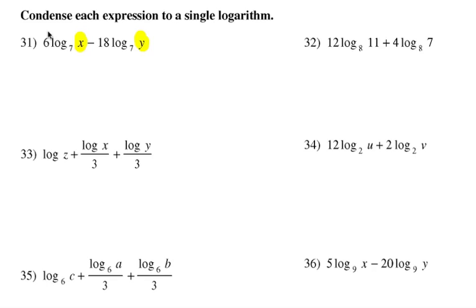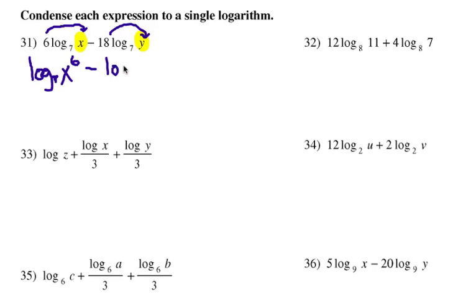Notice the 6 there can be put right there as an exponent. So now it's x to the 6th, and you're taking log base 7 of that. Okay, and then we have an 18 in front there, which becomes the exponent on the y.